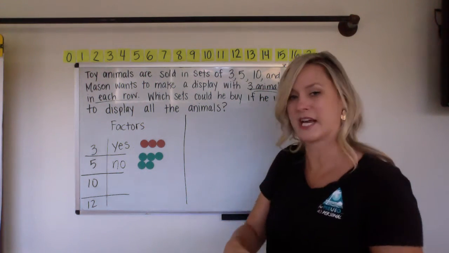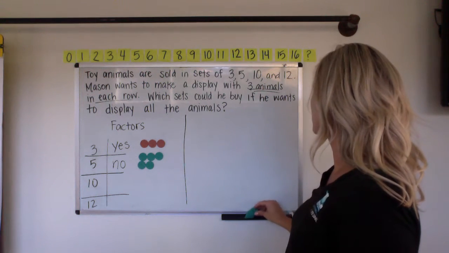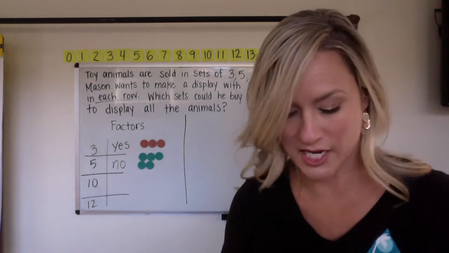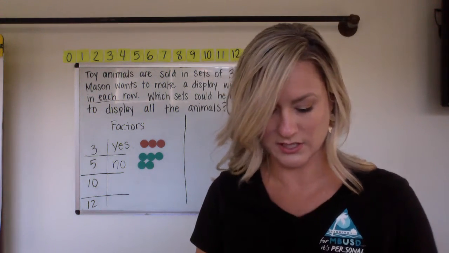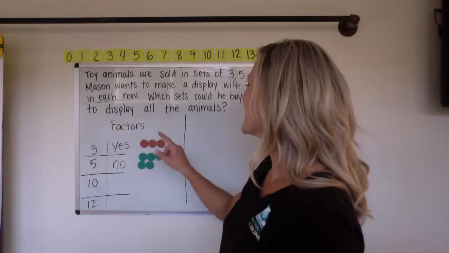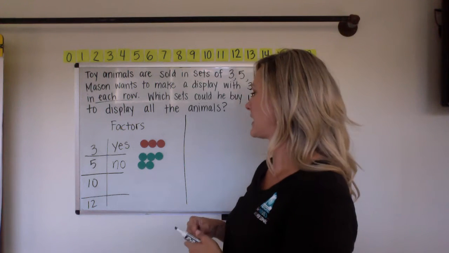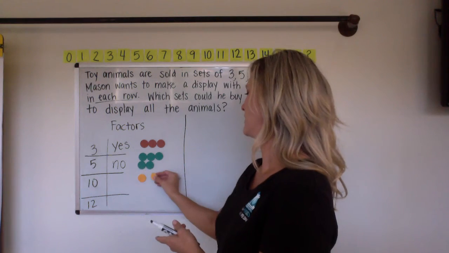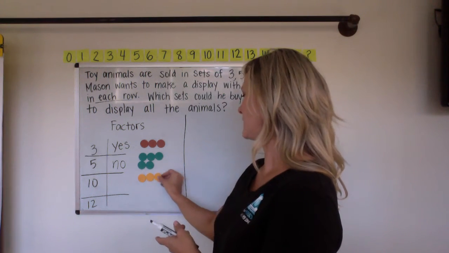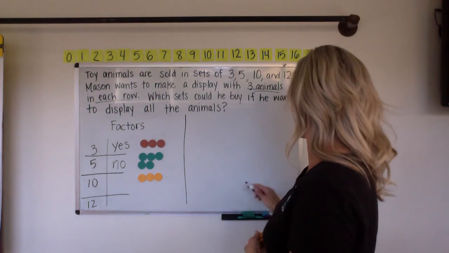My tower is going to fall over here. I'll just knock it over so that it doesn't have to explode onto the floor. I still am putting 3 animals in a row, but this time my number is 10. 1, 2, 3. Now I have to start a new row.